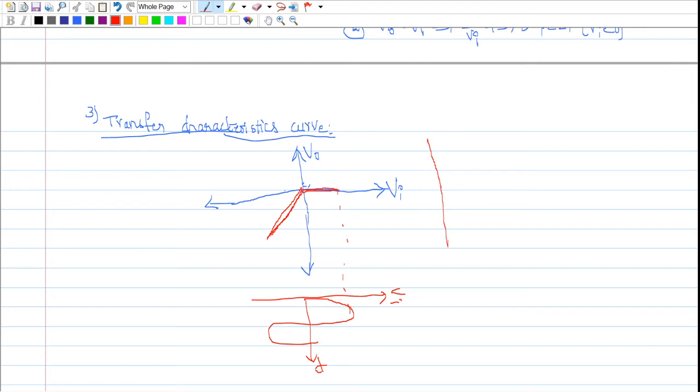This positive part is the clipped part, so the slope is 0. When the diode is on, the slope is 1; when the diode is off, this part is the clipped part. So we get only the negative half cycle part. This is the output voltage. Okay, this is the transfer characteristic curve.